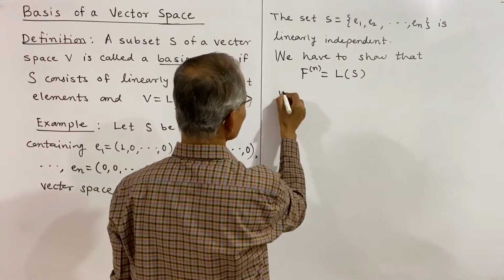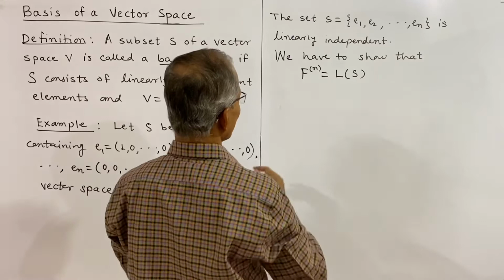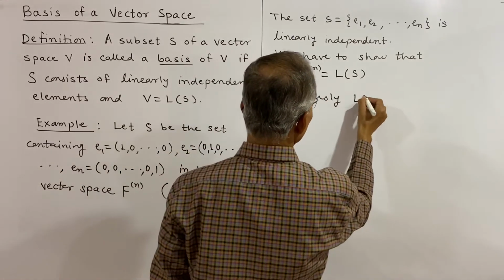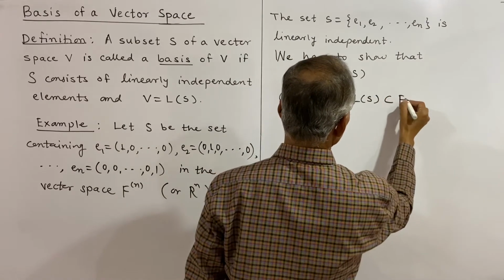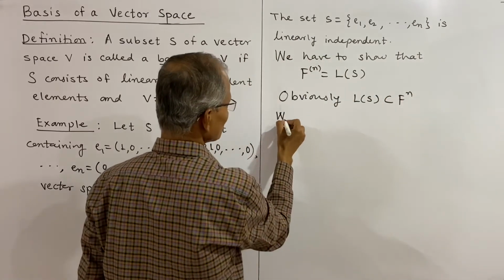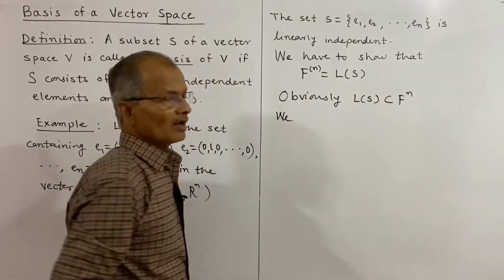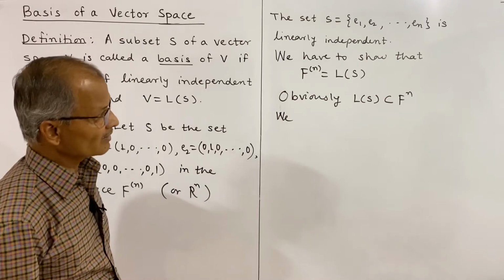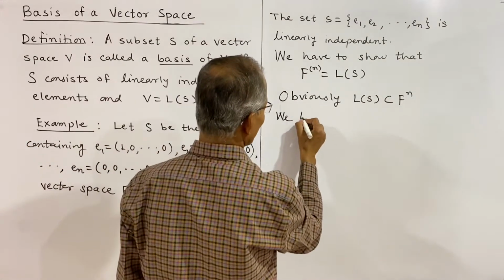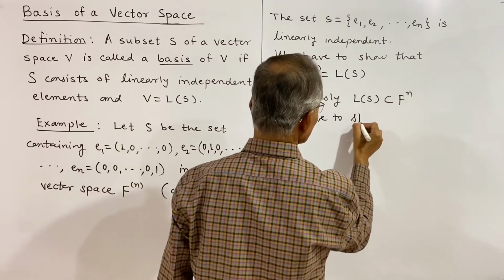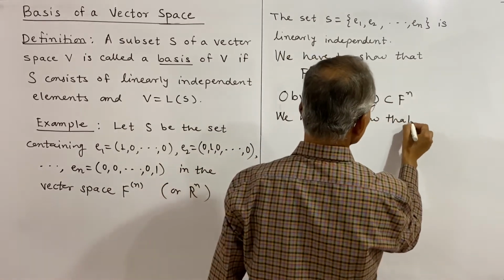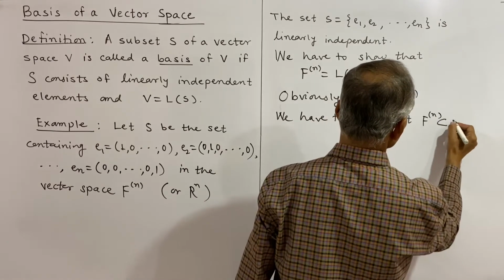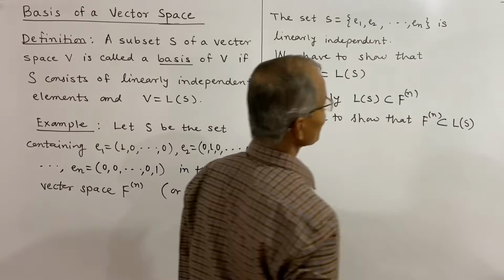Obviously, L of S is a subset of Fn. We have to show the converse, that Fn is a subset of L of S.